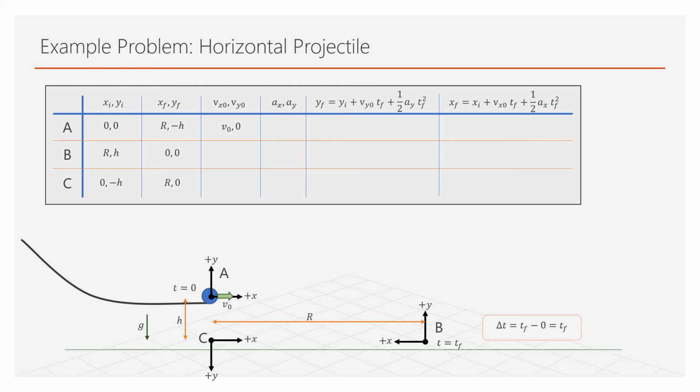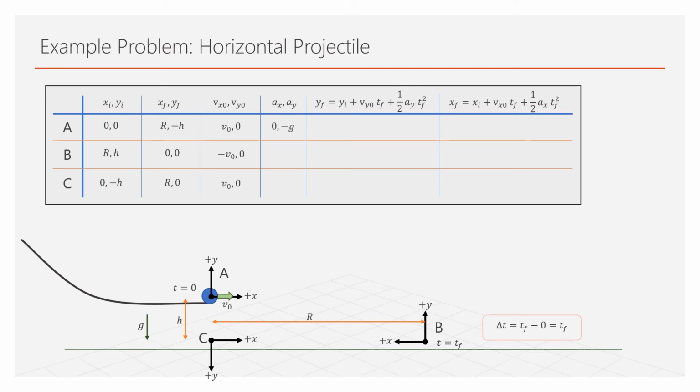There is no vertical component to the velocity for all three of these, so v sub y0 will be 0 for all three of them. In coordinate system B, motion to the left is positive, but motion to the right is negative. So therefore, the velocity must be negative v0. In coordinate system C, motion to the right is positive, just like in A, and so therefore, the velocity will be v0.